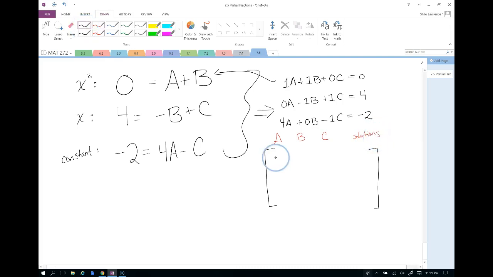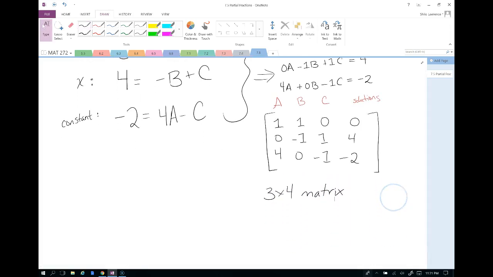So this matrix is going to be 1, 0, 4, 1, negative 1, 0, 0, 1, negative 1, 0, 4, negative 2. So what we have here is a 3 by 4 matrix.